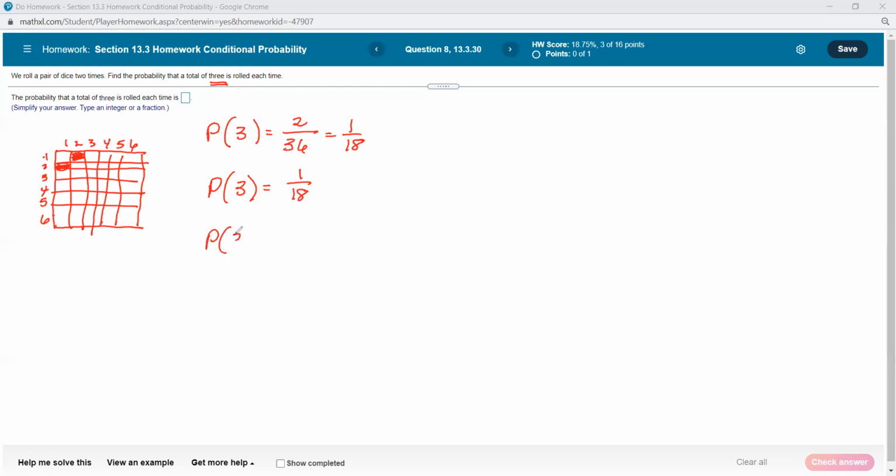So the probability of a 3 and a second 3 is going to be 1 out of 18 times 1 out of 18, and 18 times 18 is 324. Type an integer or a fraction. So it's 1 out of 324.